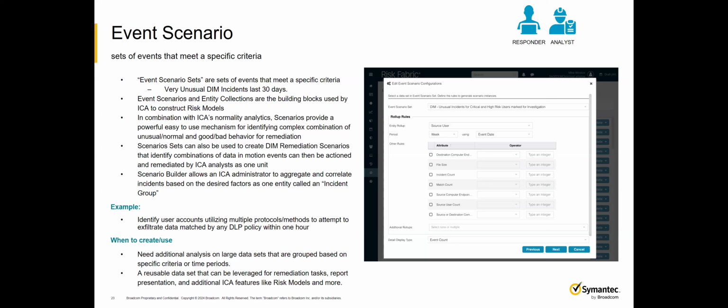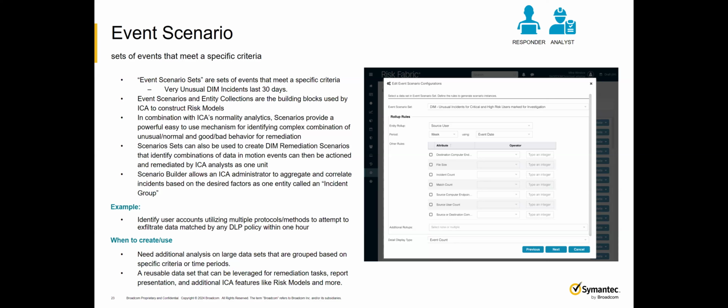So I will bring up a slide, talk about that particular use case's challenges, and then drop into the lab environment and show you the actual locations and the places inside of ICA that bring about those benefits that we've talked about. Okay, so event scenarios.